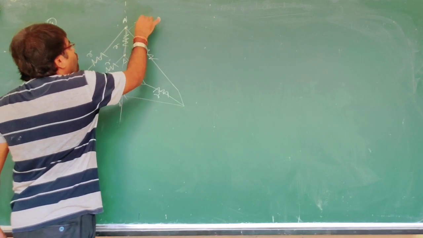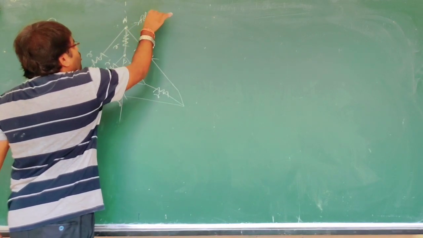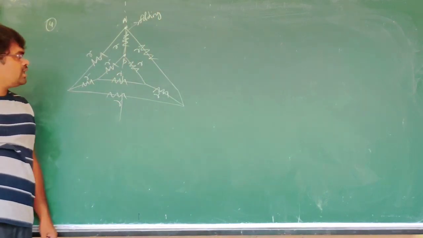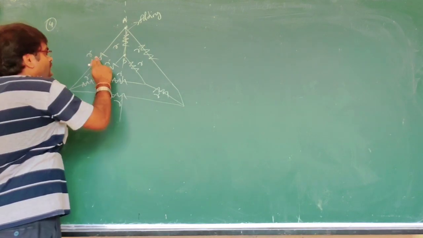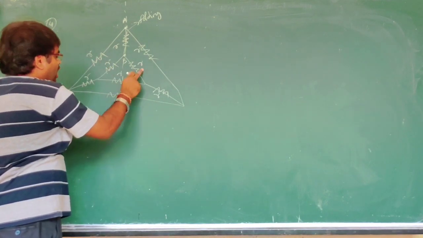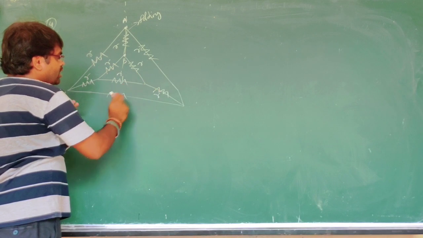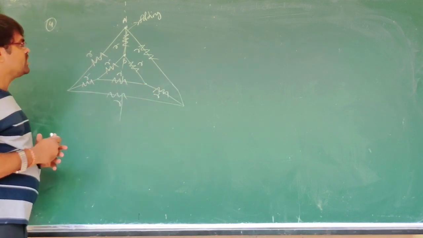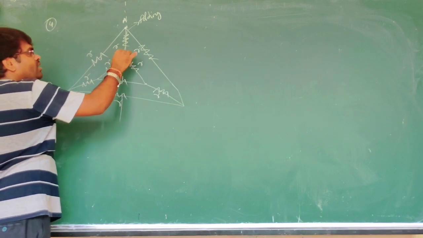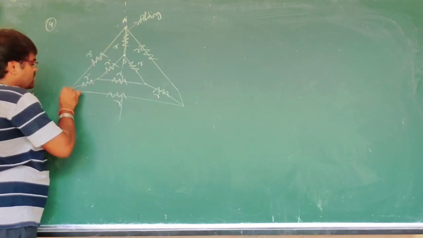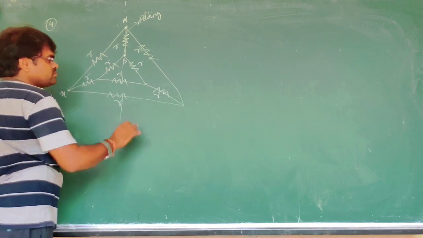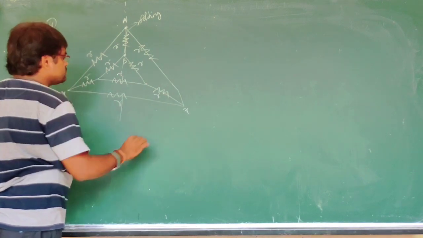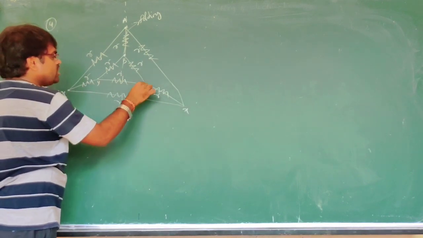This is the folding symmetry. Now see R. Say here X, here X, Y, here Y.